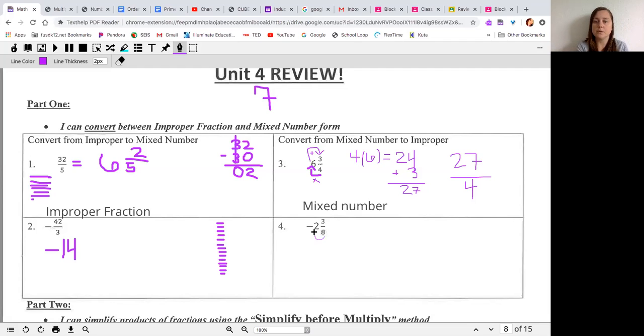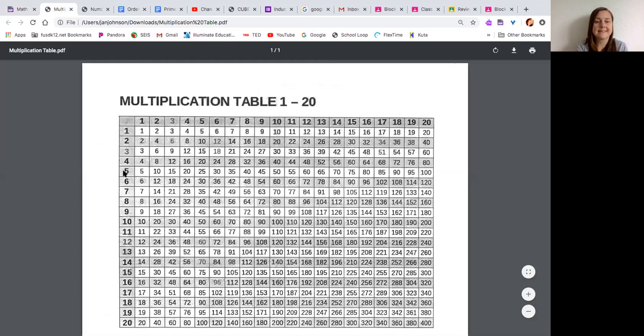I'm going to multiply the denominator by the whole number. Then I'm going to take that answer and add it to the numerator. Okay. 8 times 2. Hope you're looking that up on a times chart. 8 and 2 is 16.